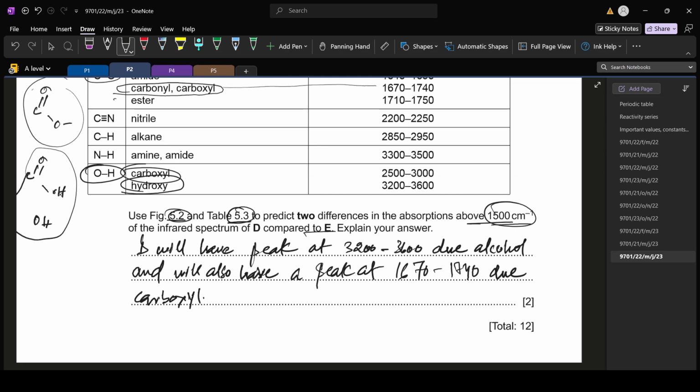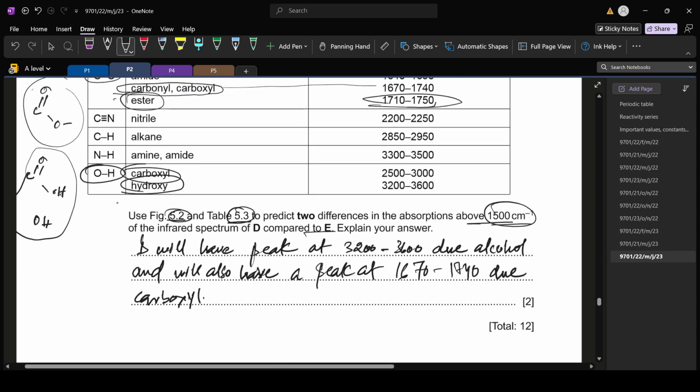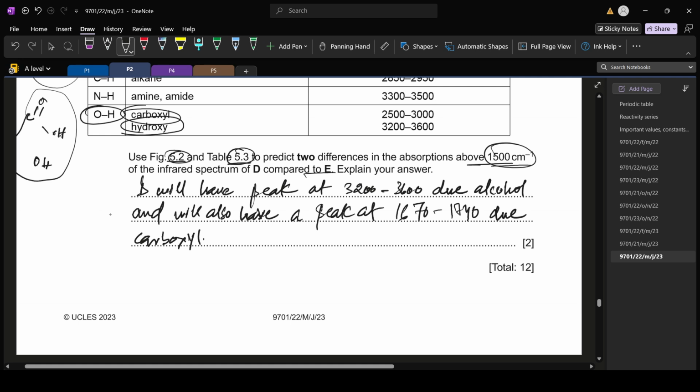And E will have a peak at 710 to 750 due to the ester group. You can write in terms of E, but I have written in terms of D. I have written 2 points, so these are enough for 2 marks.